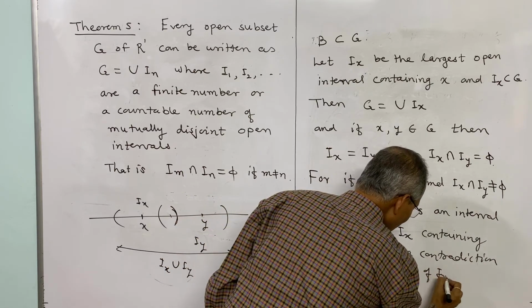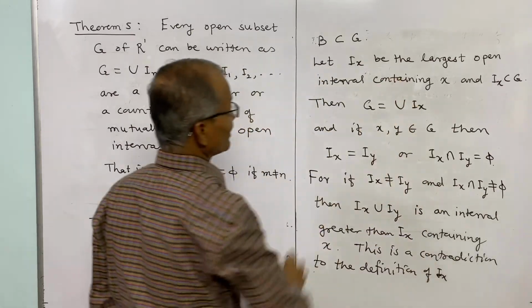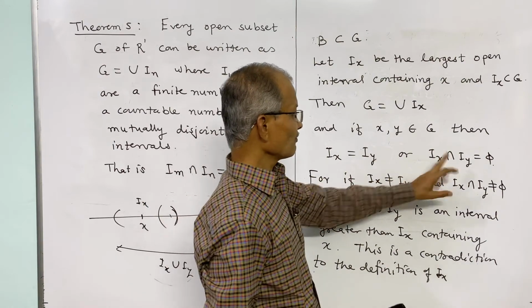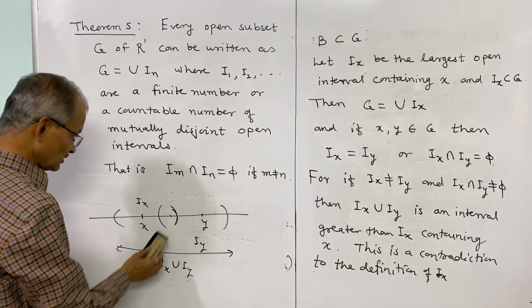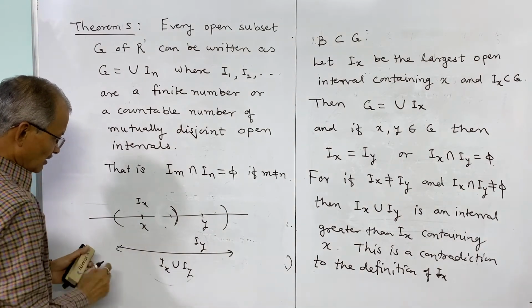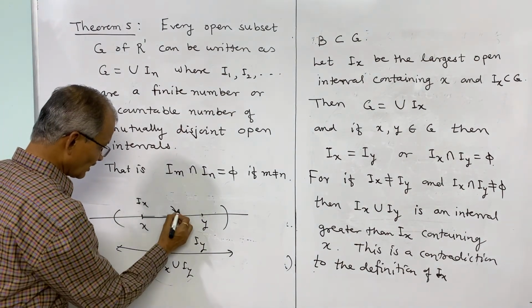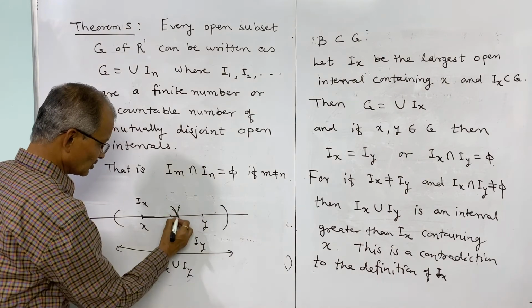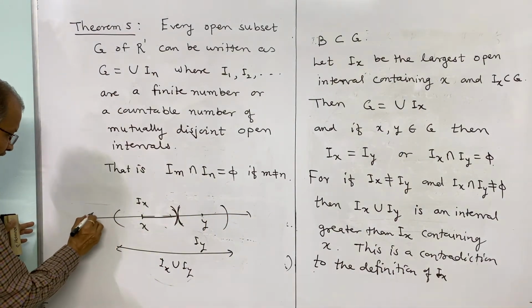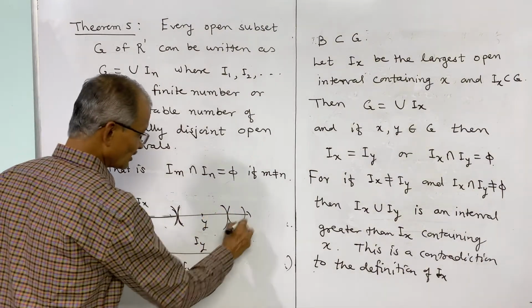Ix is the largest open interval, and thus these are either equal or mutually disjoint. This case does not happen. That means if this is the interval containing x, then the interval containing y is disjoint, separate, and the whole set G will be covered by all such disjoint intervals.